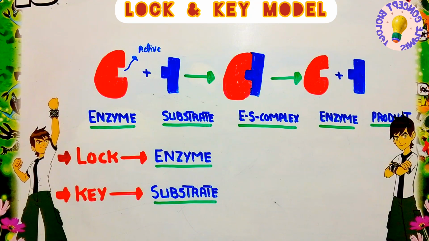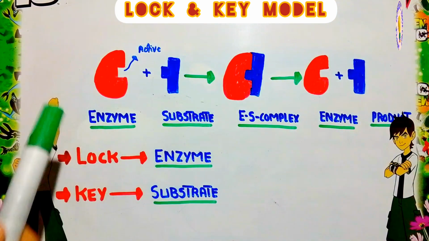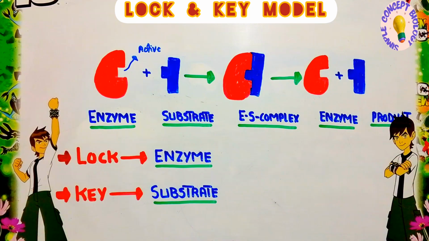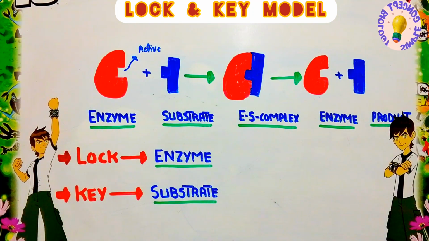This model relates that the enzyme acts as a lock, while the substrate acts as a key. You should remember that in the lock and key model, the role of the lock is provided by the enzyme, while the key is provided by the substrate.